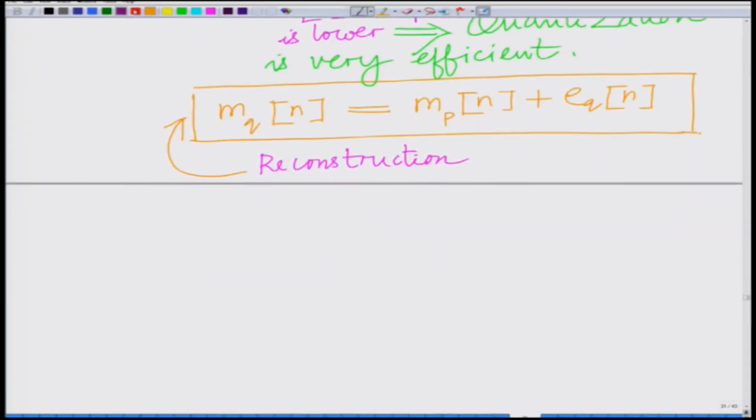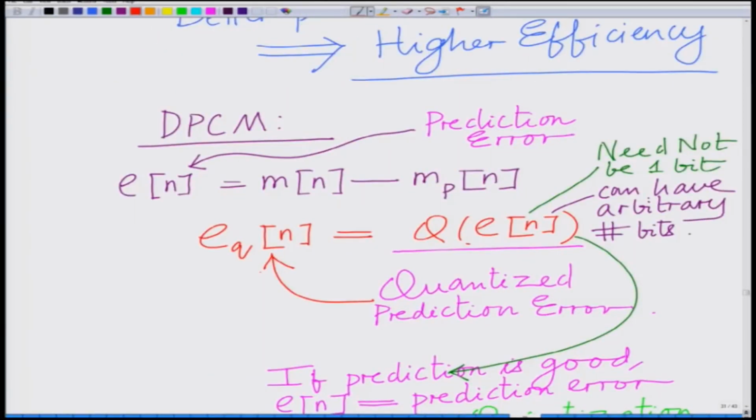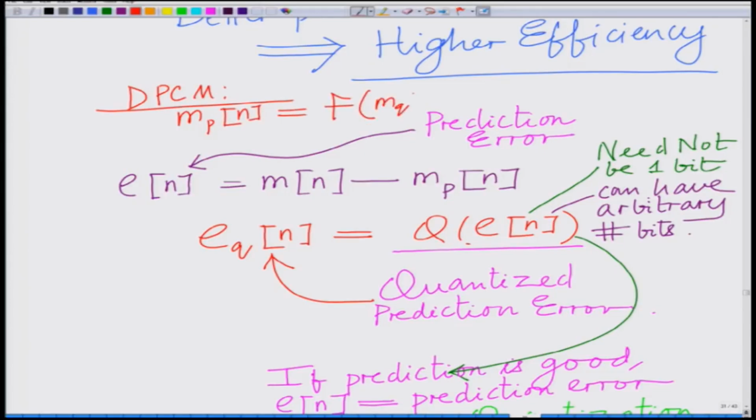And finally, the prediction. You have your MP of n, the DPCM prediction, which equals f, where f is the prediction function, of MQ of n minus 1 up to MQ of n minus l.